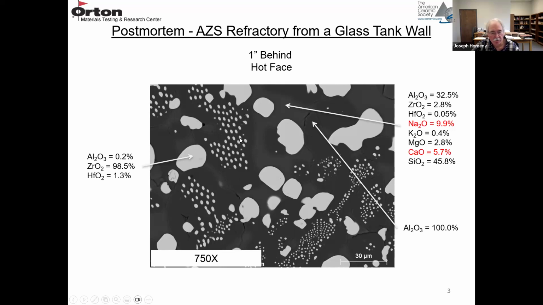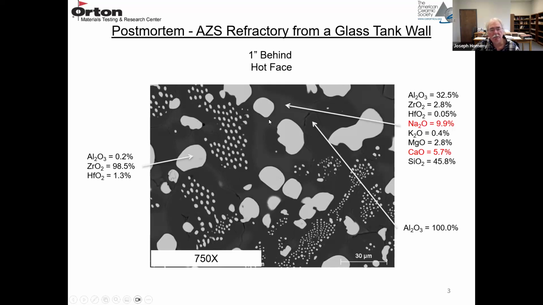So these white dots are zirconia in an alumina matrix. You can sort of see the outline of the alumina crystal. It's a little darker gray than the glassy matrix. So here's a dark gray alumina crystal. This portion didn't have any precipitates, but it's basically 100% alumina.